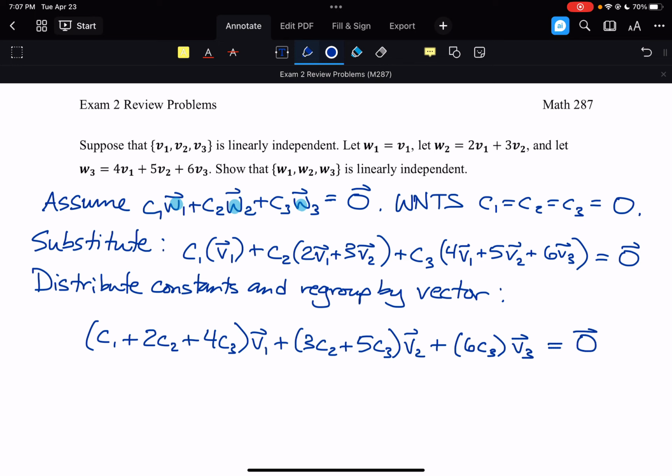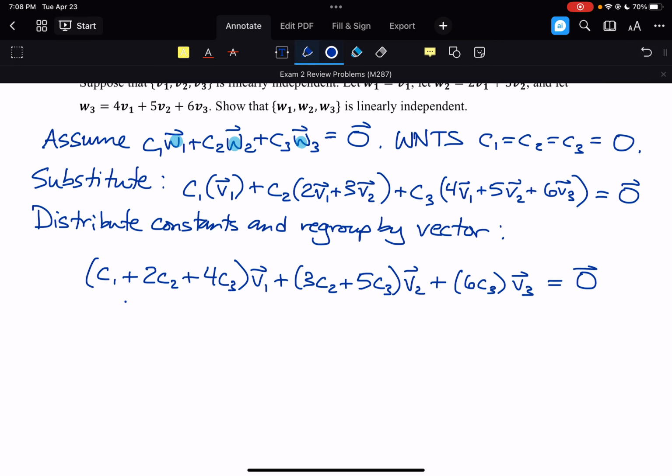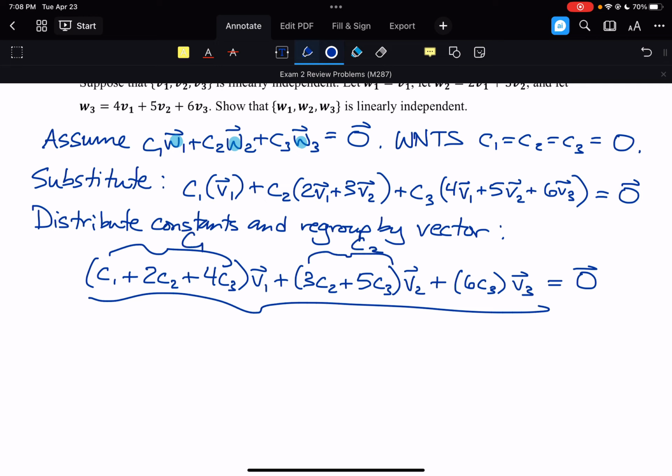Now, we haven't used our other given information yet. This is where it's going to come in. Suppose that this set of v vectors is linearly independent. If this set is LI, that means that this linear combination we've just come up with, think of this as taking the place of a c1, this a c2, this a c3, but not exactly those same letters.